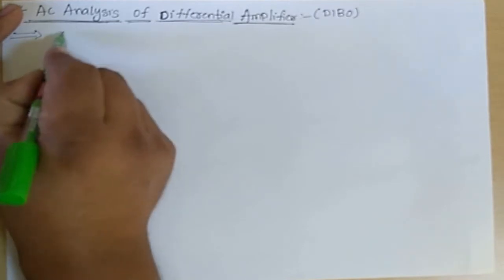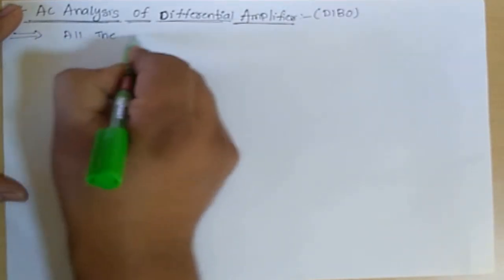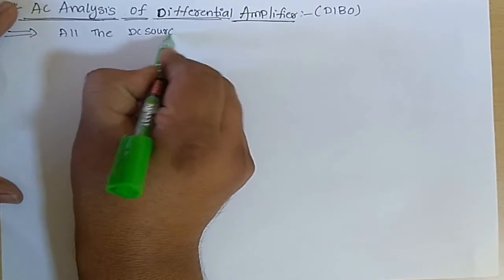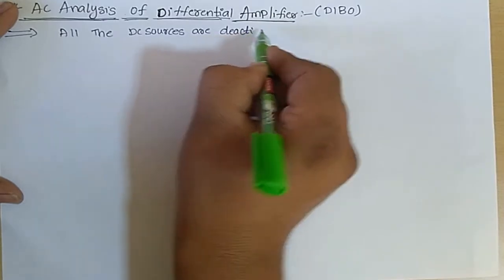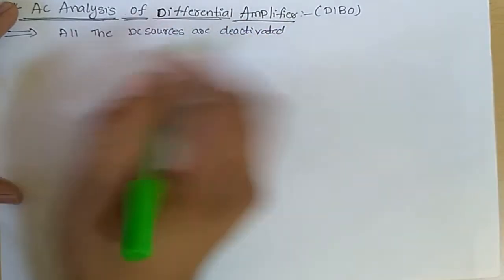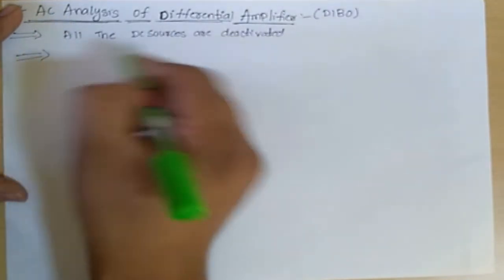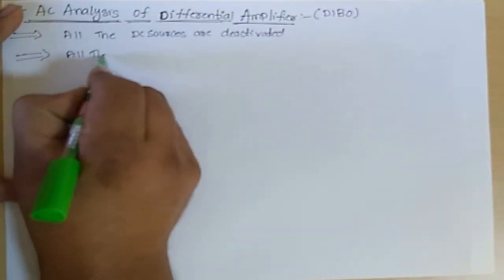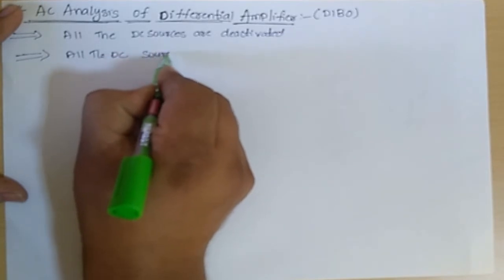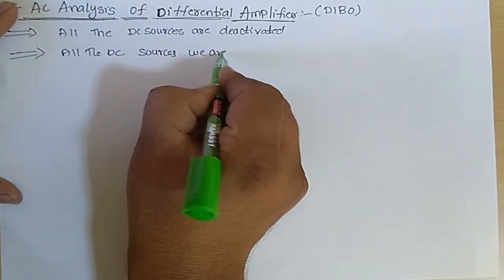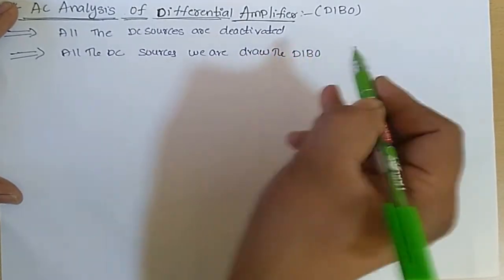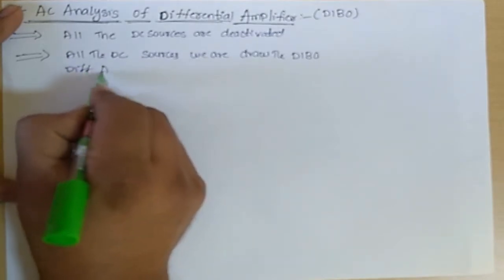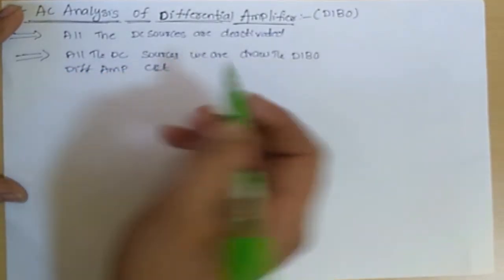In this AC analysis, all the DC sources are deactivated. After deactivating all the DC sources, we redraw the dual input balanced output differential amplifier circuit diagram.